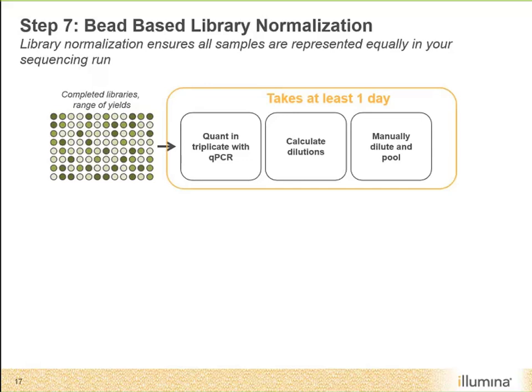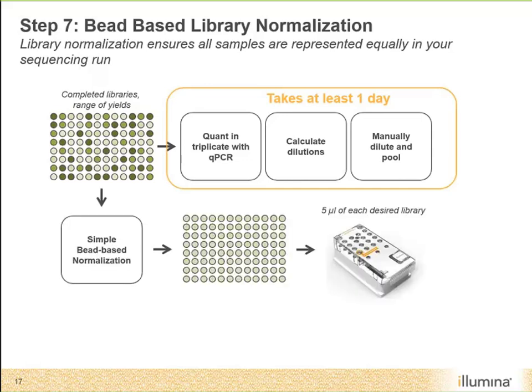One nice thing with the TruSeq Bovine Parentage panel is that we provide reagents to perform bead-based library normalization, which I have depicted here. Basically, the libraries post-PCR cleanup run through a separate set of beads that essentially saturates and captures around the same amount of library for each, the same concentration for each library in a pool, and that is simply eluted out.